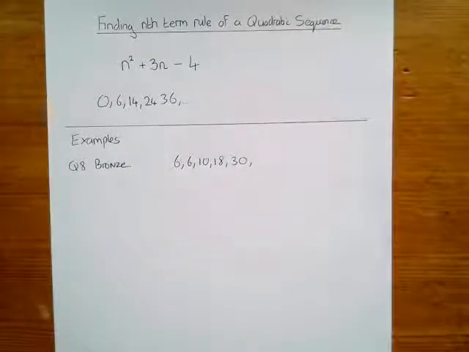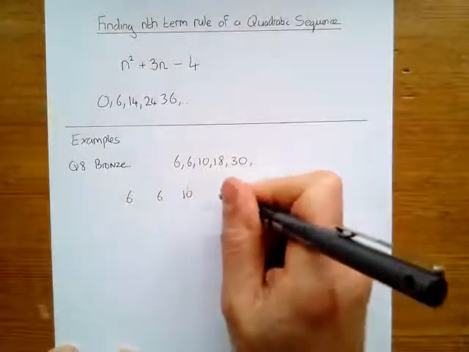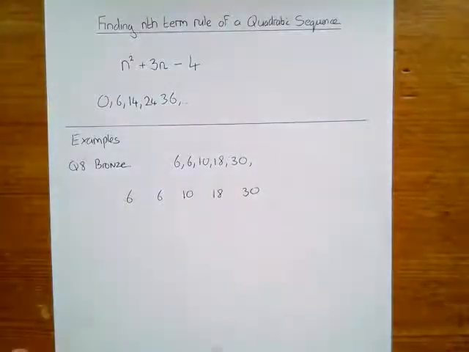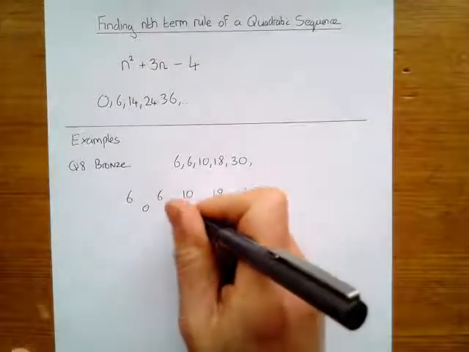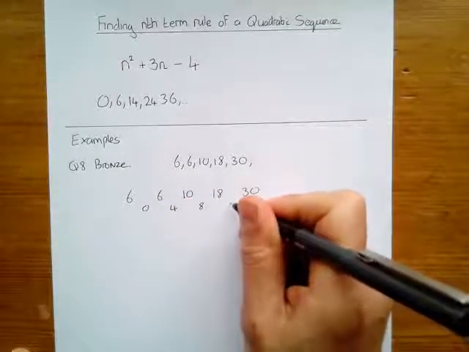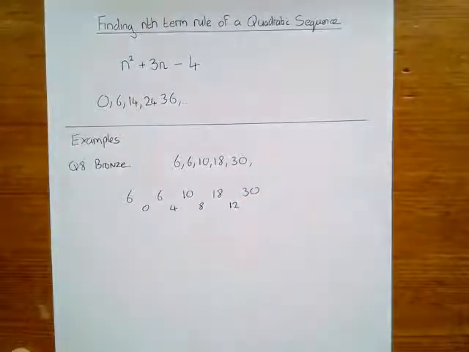Okay, so to do this, what you do is you write the numbers out, leaving a gap between them, like so. And then you work out what the difference of the gap is. So 0, 4, 8, 12. Well, those are the gaps.